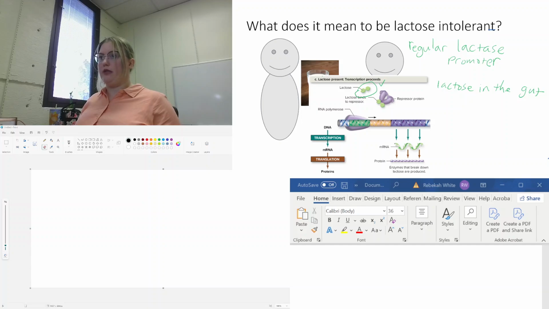By the way, these are the gut bacteria. Now that lactose binds to the bacterial repressor protein and makes that repressor unable to block RNA polymerase. Now, RNA polymerase can transcribe mRNA, and it can transcribe the lactase protein. So now our bacteria have lactase.